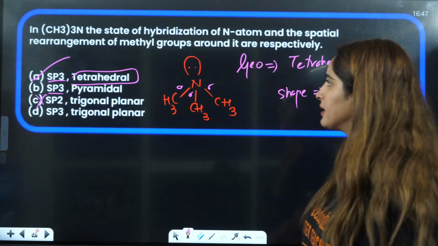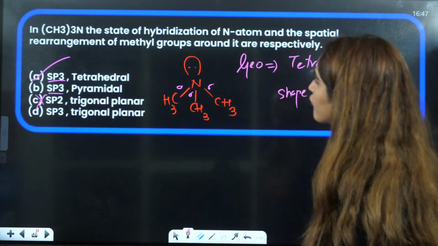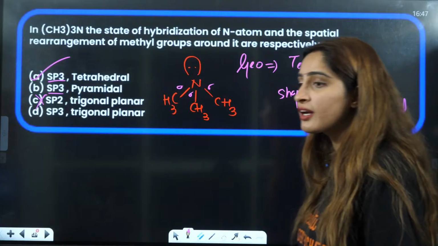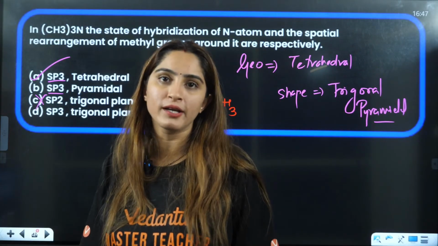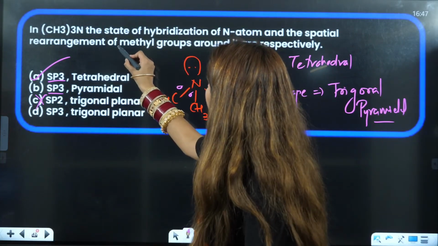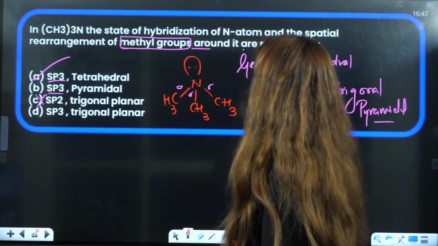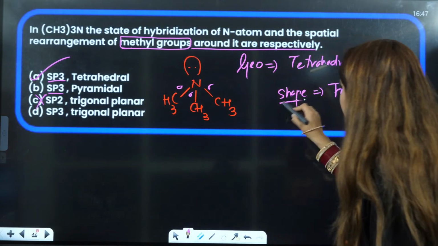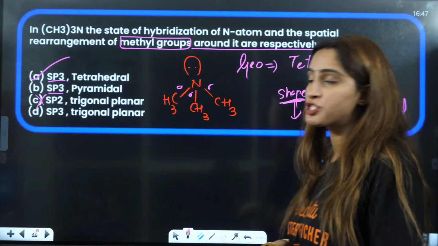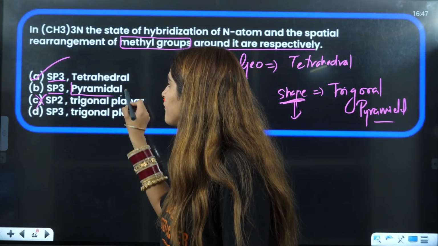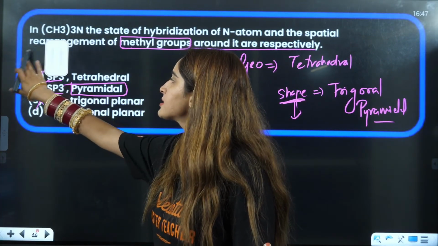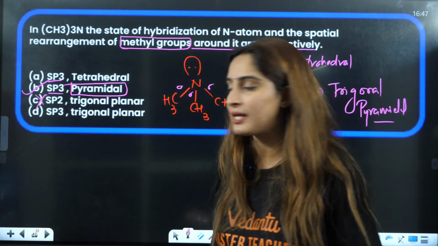Okay, wait a minute, they are asking you the arrangement of only the methyl groups. They are not asking you about the lone pair here. If you talk about only methyl groups, that means they are asking about shape, and in shape you have trigonal pyramidal, that means pyramidal shape, so B is the correct answer.